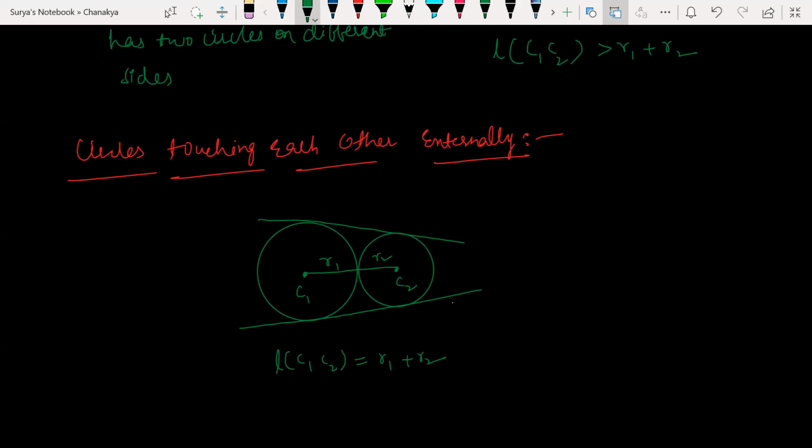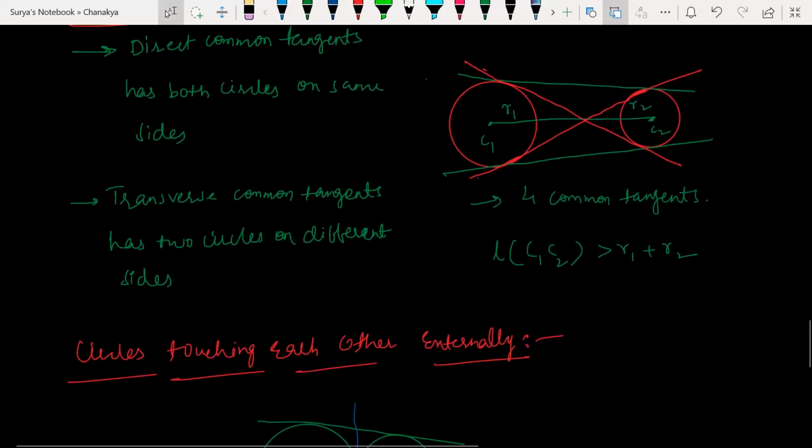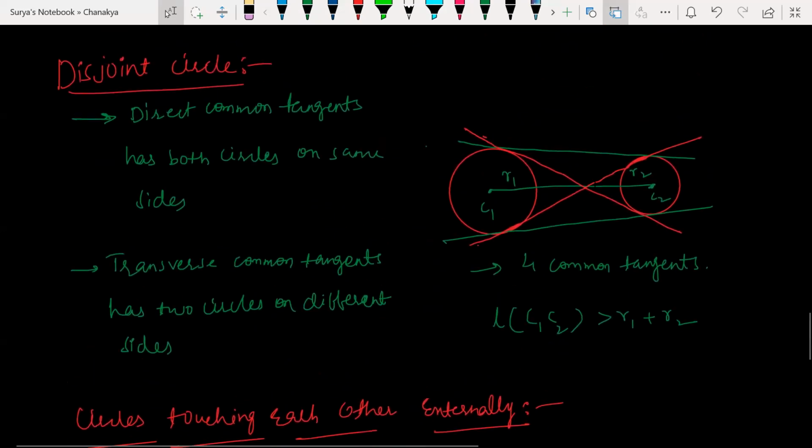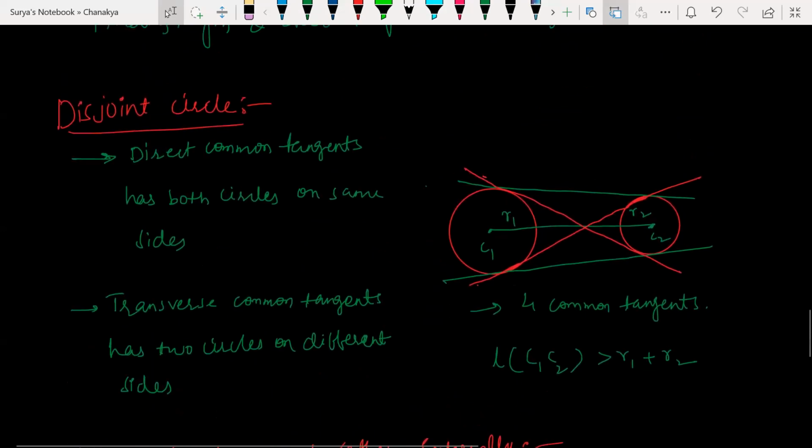So how many common tangents I have here? Tell me. Here, how many common tangents? One more common tangent I can draw here from the middle one. Okay, how many common tangents? ये सब आपने पढ़ा होगा. All right. Look at this here.